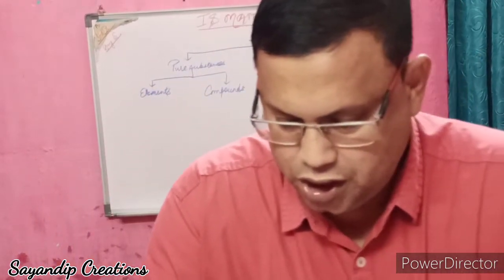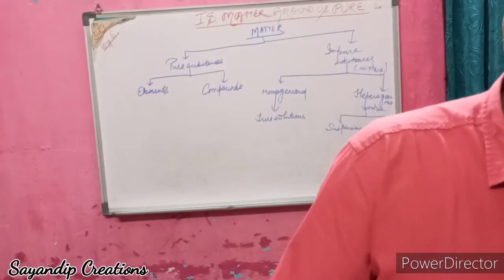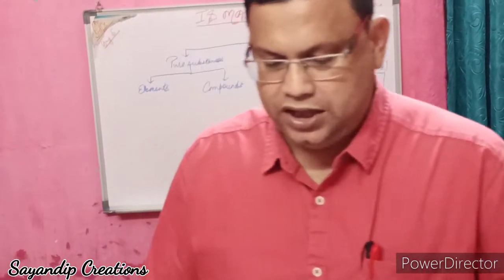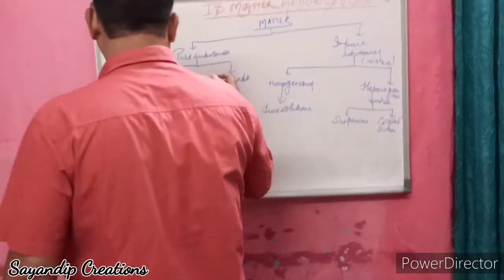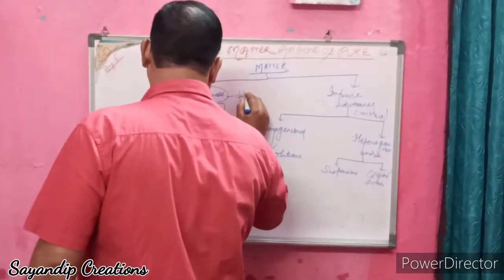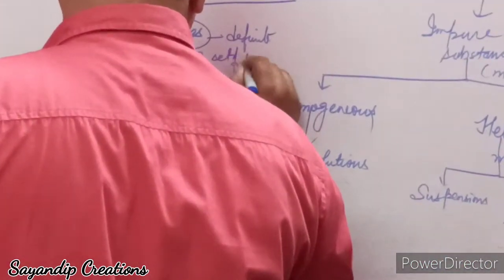For example, oxygen gas, sulfur, iron are pure substances. Sodium chloride, magnesium oxide are also pure substances.